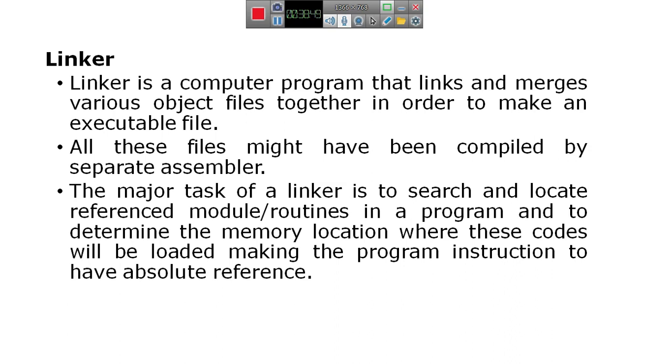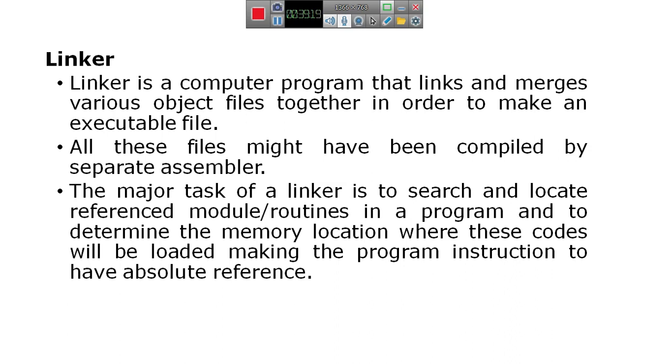So the linker is a software that creates a link to the library file and to the object file. A linker is a computer program that links and merges various object files together in order to make an executable file.